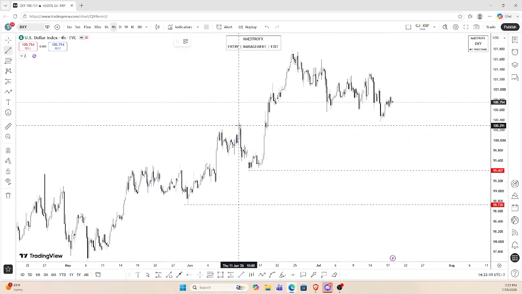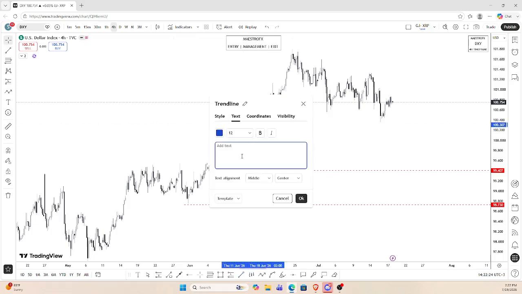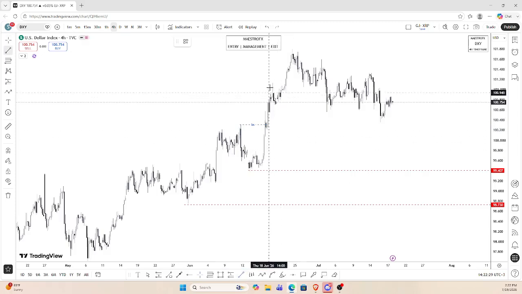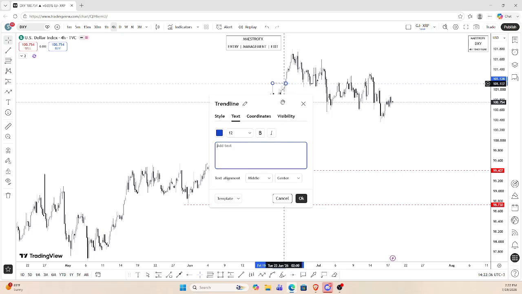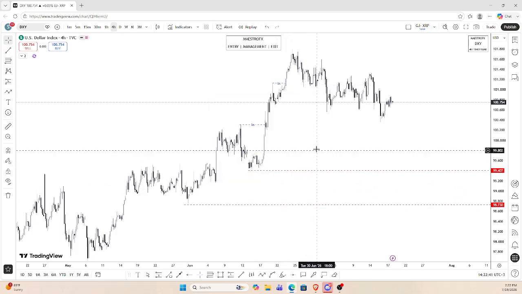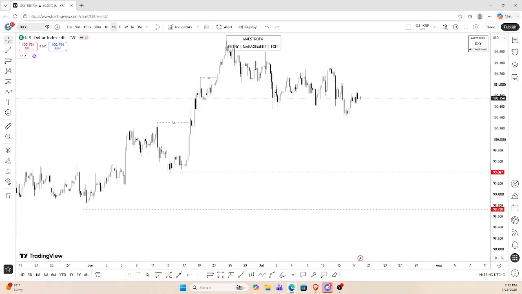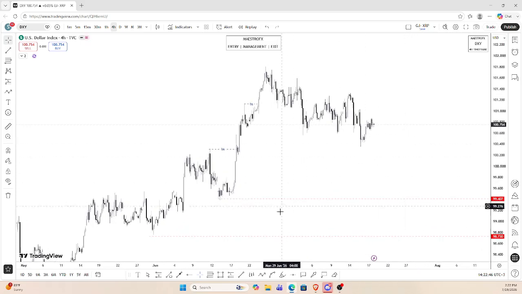You can see that we had this break of structure, and this was the last break of structure to the upside. So this is the last structure that pushed this price to the upside.